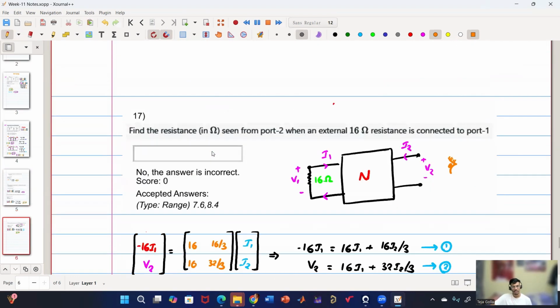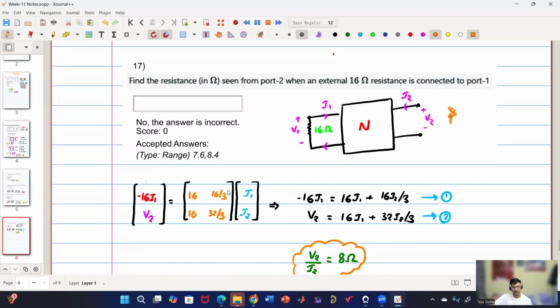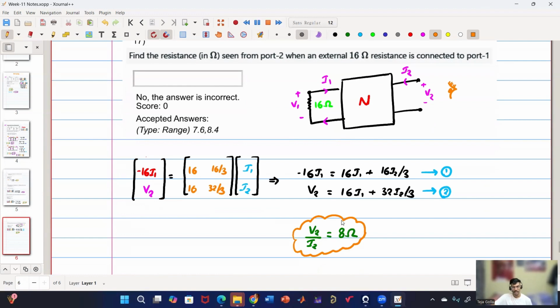The 17th question is similar to the 16th question, but in this case, they have connected 16 ohm on the other side. So V1 equals minus 16 I1. Again, we combine these two equations and get an equation in terms of V2 and I2. The ratio of that will be the resistance seen from port 2, which is V2 by I2, and we have obtained 8 ohm, and it is also in the range.